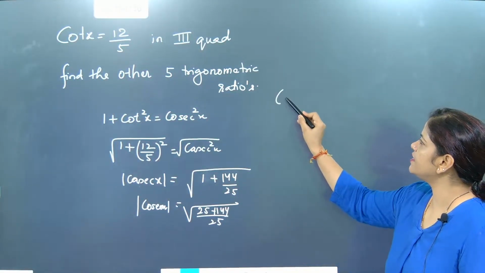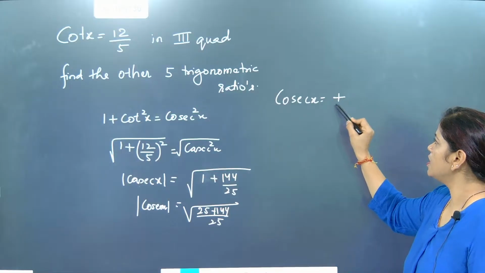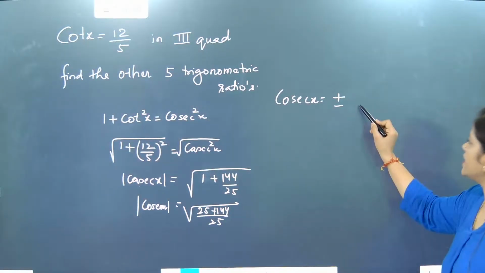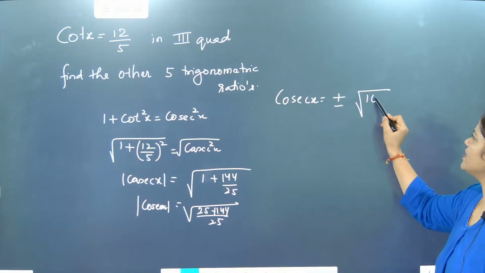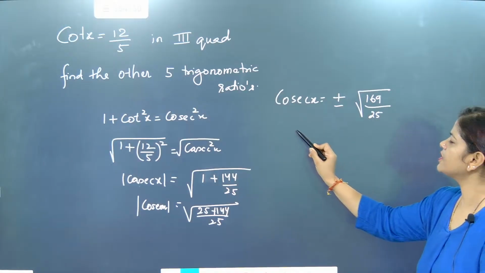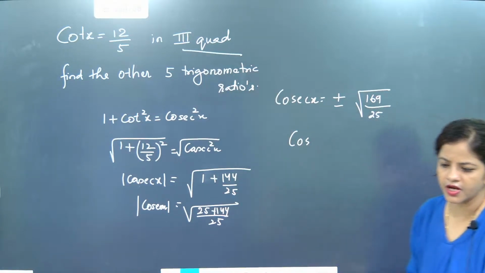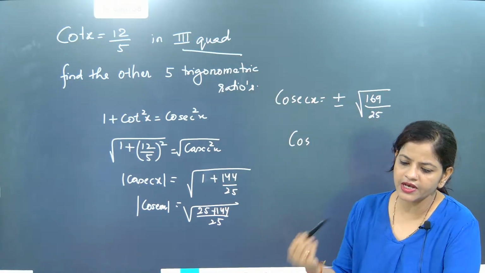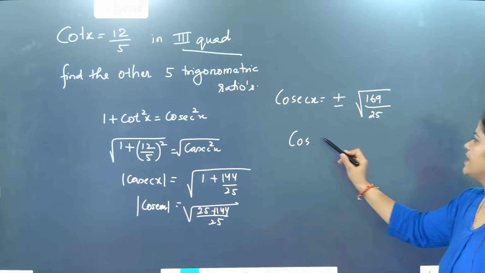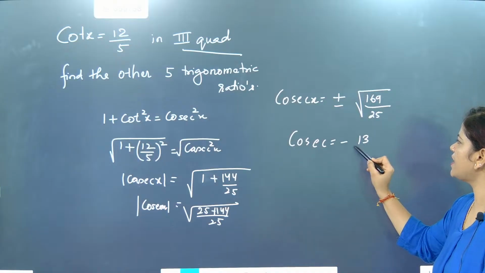So cosecant x will be equal to plus minus root under 169 by 25. But cosecant is in the third quadrant, because they told us it is in the third quadrant, and in the third quadrant cosecant will be negative. So we will take minus 13 by 5.